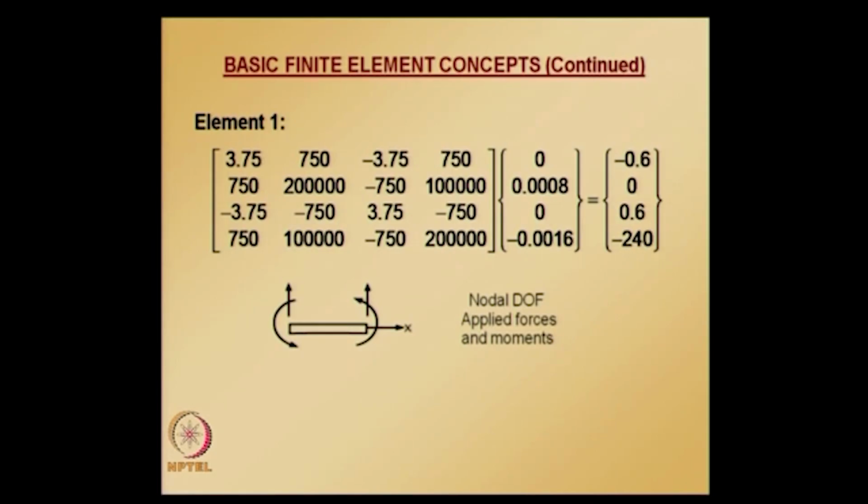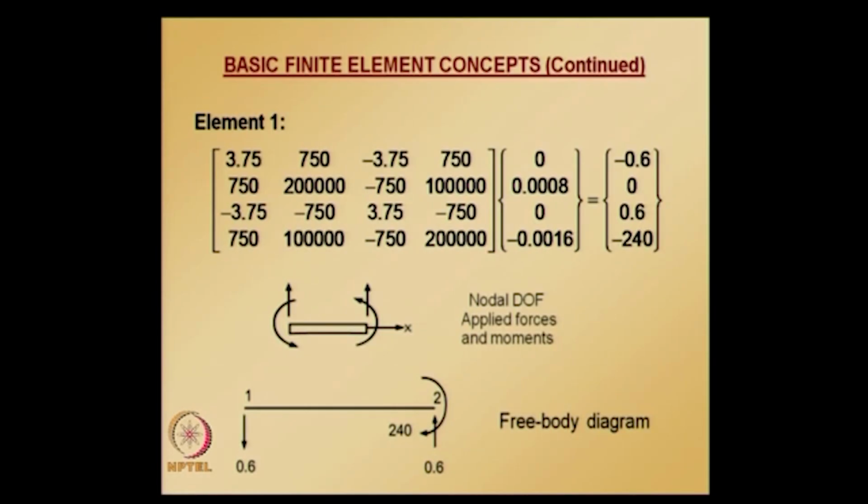When you show these values of minus 0.6, 0.6, minus 240 on a free body diagram for element 1, it looks like this, following the sign conventions of nodal degrees of freedom and applied forces and moments that we assumed when we started out with this beam bending problem.